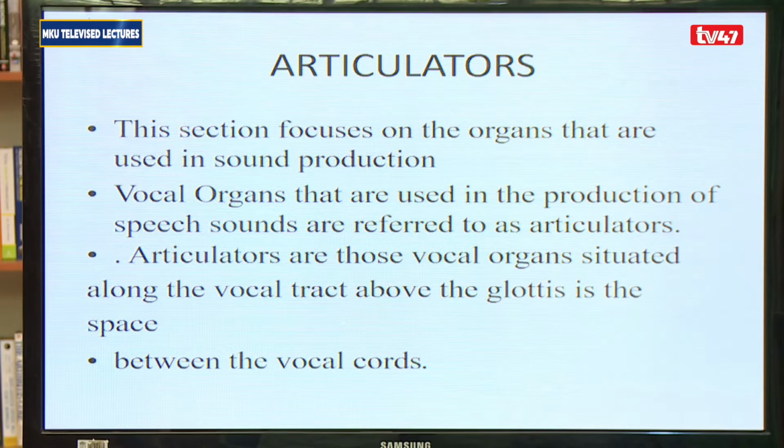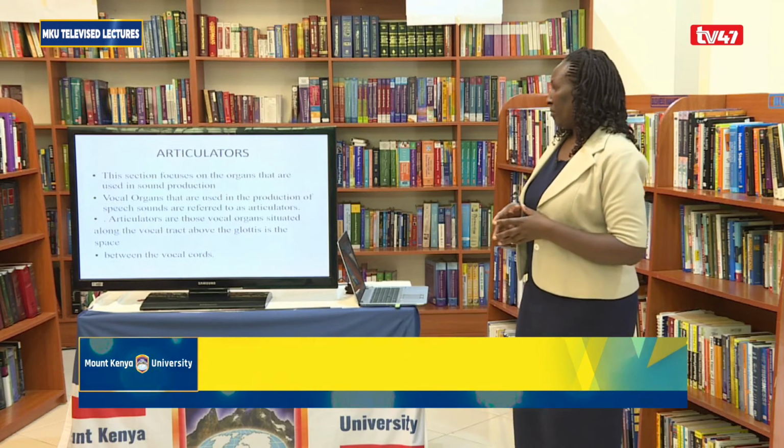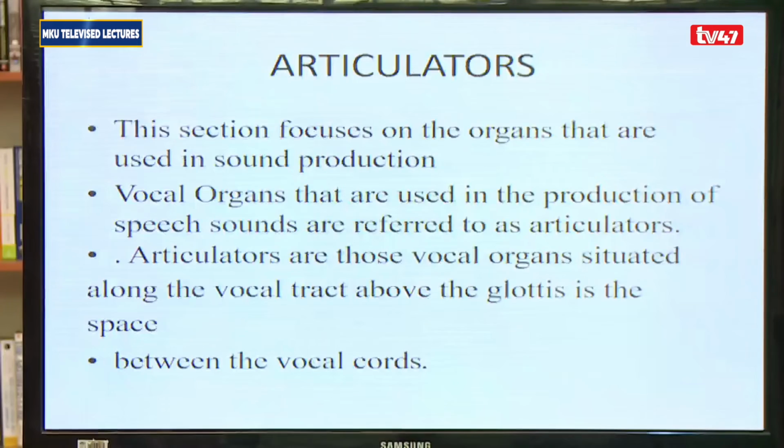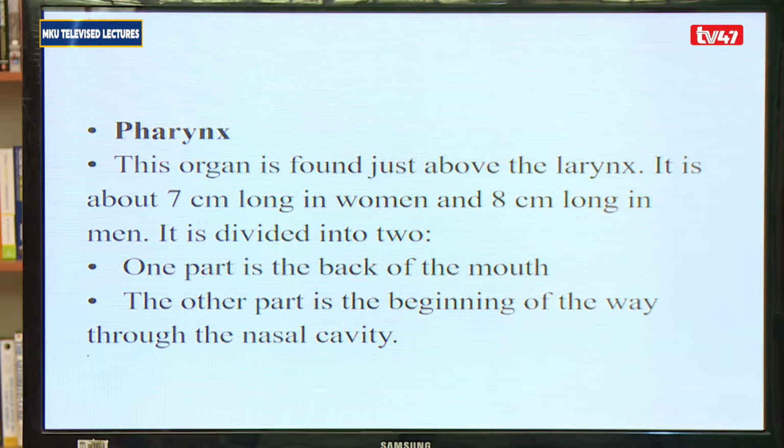Any organ that we use to produce speech sound is called an articulator. If we are using our teeth, our tongue, or our lips to produce a particular speech sound, then that is referred to as an articulator. So articulators are those vocal organs that are situated along the vocal tract above the glottis, in the space between the vocal cords. So let's look at them.